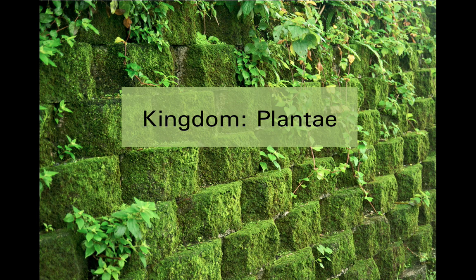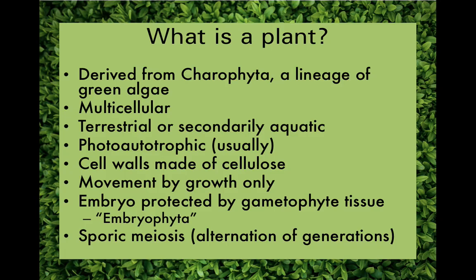On to our first of the crown eukaryotic kingdoms. So what makes a plant a plant? Well, we know that the plants represent a monophyletic, holophyletic lineage derived from the Cheirophyta, which is one lineage of green algae.